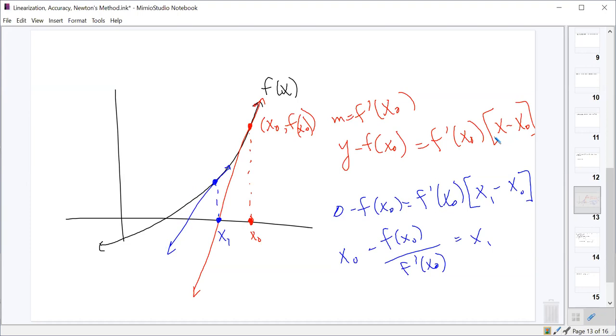And we could then find that x-intercept and call it x2. That x2 would be x1 minus f of x1 over f prime of x1. True? I hope so. And that x2 is a better approximation for this x-intercept than either x0 or x1 was.